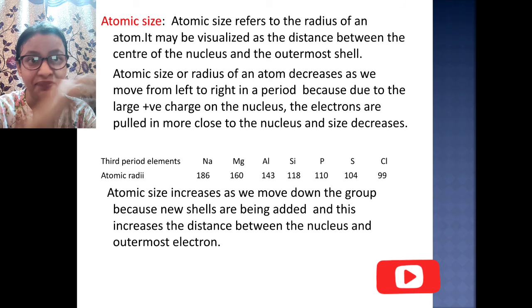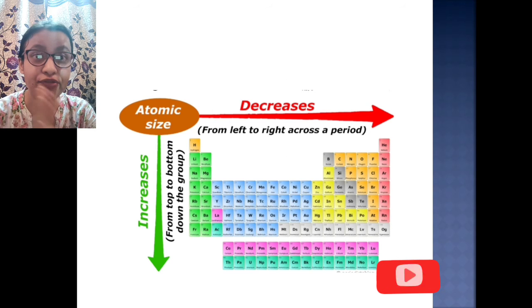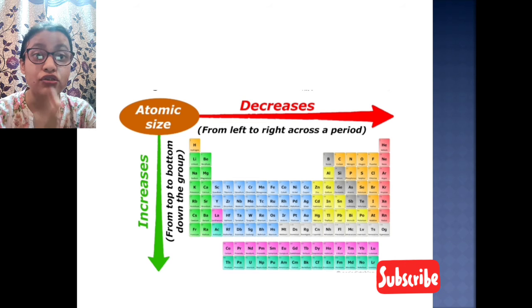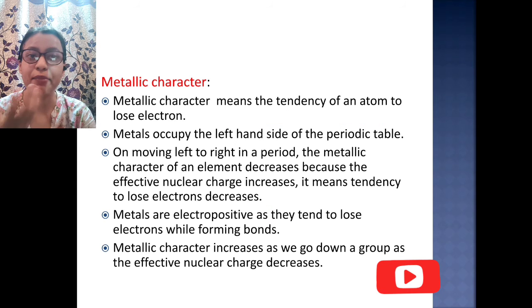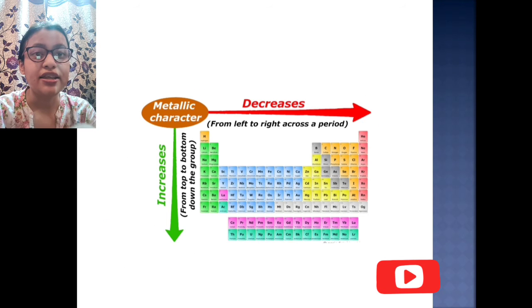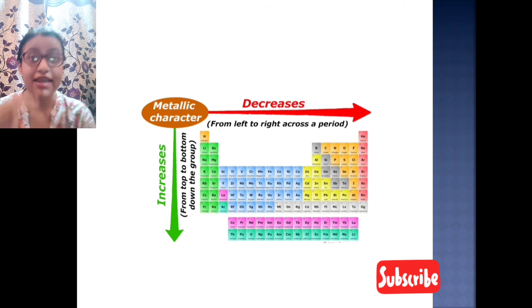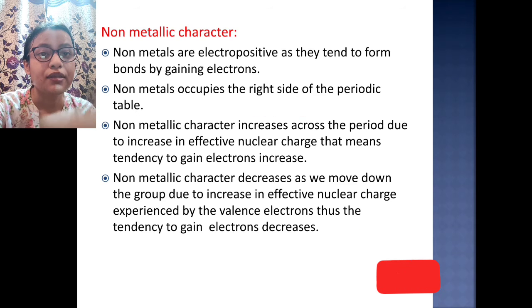Atomic size decreases from left to right across a period and increases from top to bottom down the group. Then the metallic character decreases from left to right across a period and increases from top to bottom down the group.